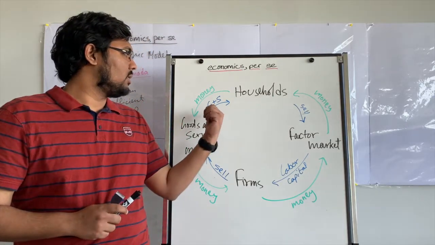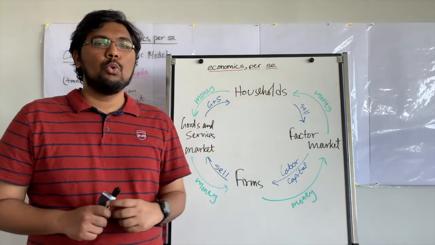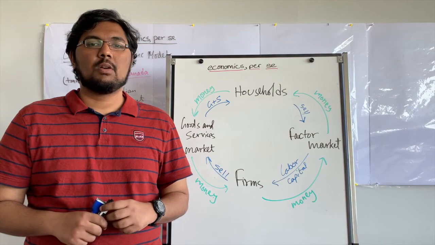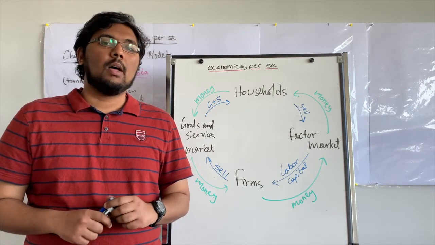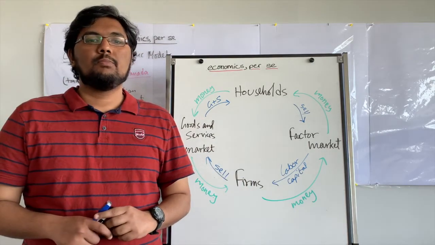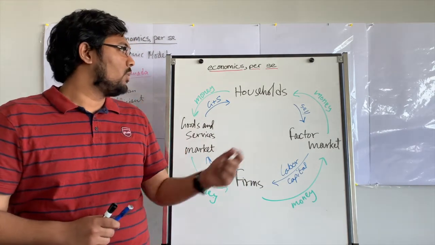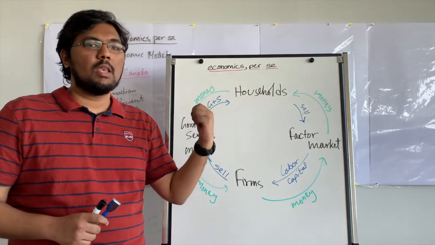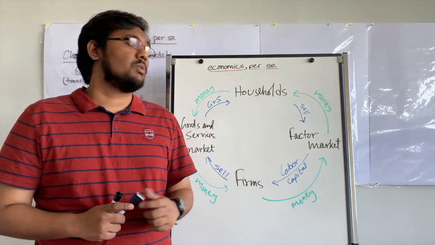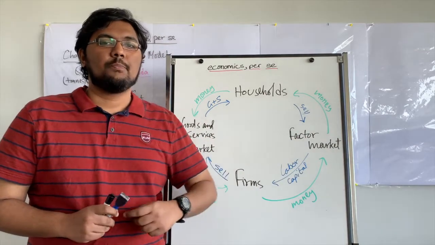One, which is in blue, is for things like goods, services, labor, and capital. And this goes in one direction. And there is this flow, which for our case is in green. This flow is for money, and this goes in the opposite direction.